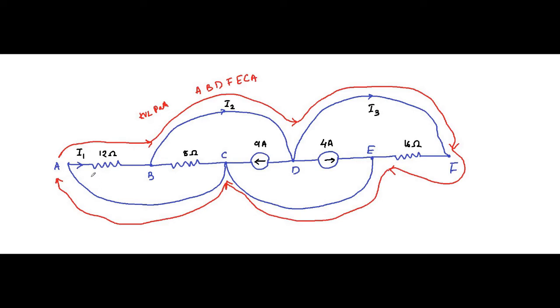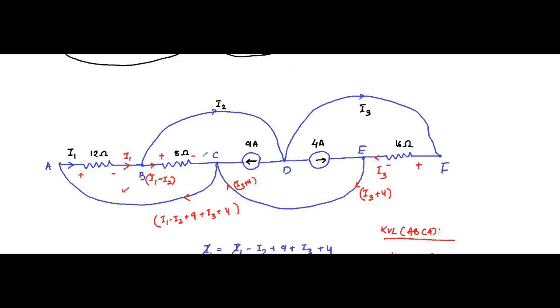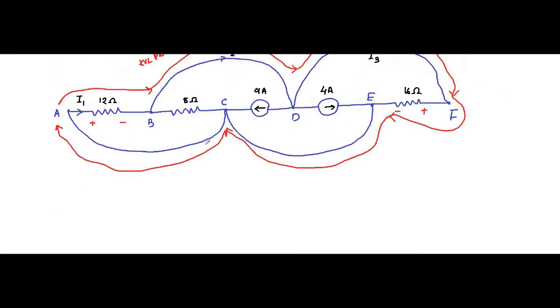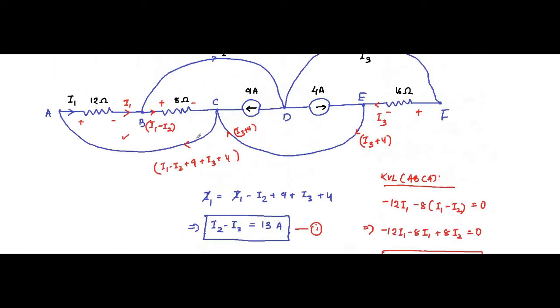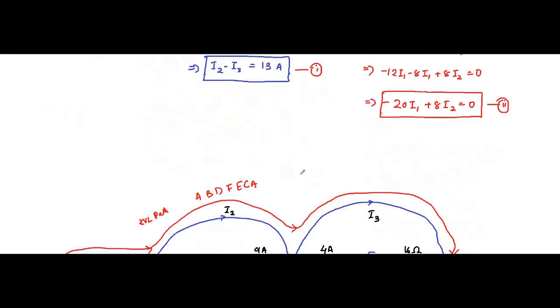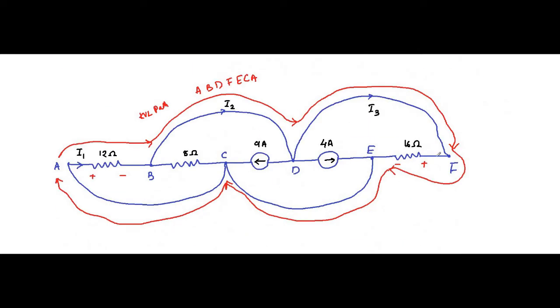Okay. So here if we apply KVL in this direction, then the equation will be like this. The current here is I3 and here it is I1.